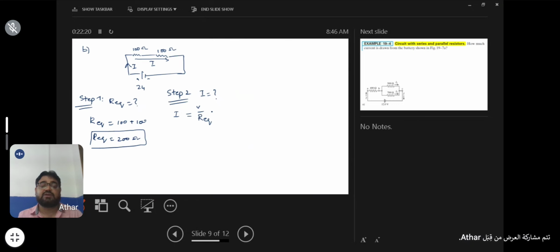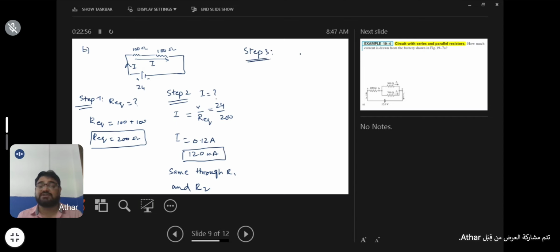V is 24 volt, R equivalent is 200. So I is equal to 0.12 ampere, or 120 milliampere. Now how much is the current through R1? Same through R1 and R2.